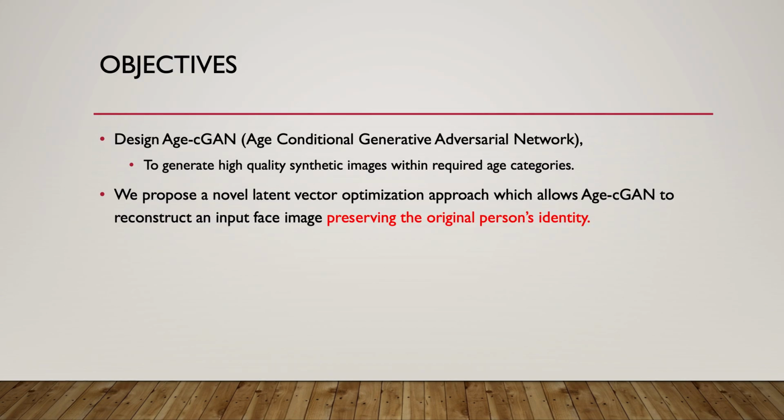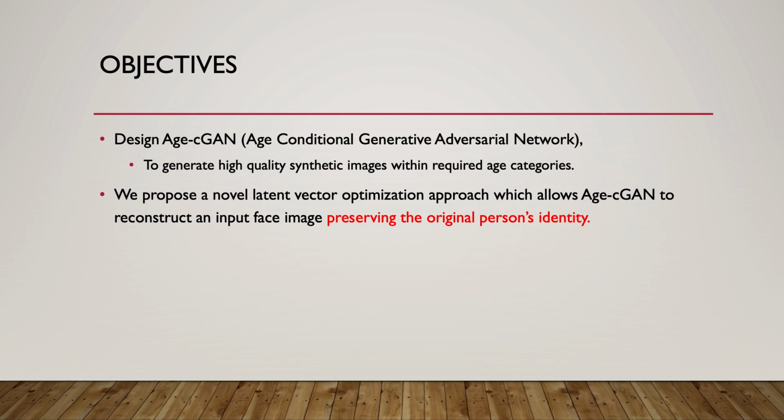Now, the objectives of this paper can be divided into two main categories. So the first objective was to design a c-GAN, a conditional generative adversarial network, to generate high quality synthetic images within required age categories.